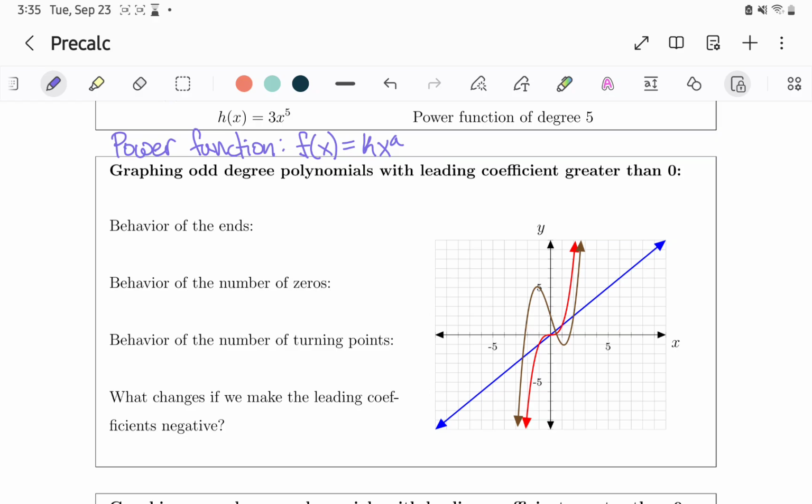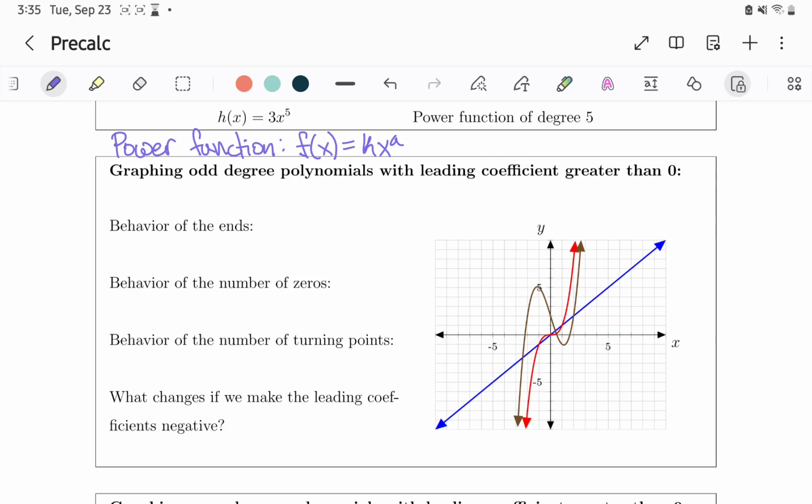Okay, and so when it comes to the graphs of polynomial functions, there are some general things that we can say based on whether the degree of the polynomial function is odd or even. Also, another important ingredient here is whether the leading coefficient, the number in front of the term of highest degree, is positive or negative.